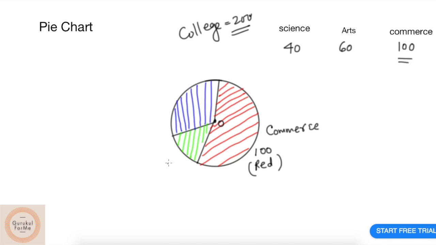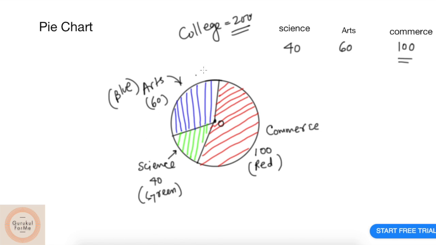So the least one is science. So this part happens to be the science and that is 40, which is green. The blue part happens to be the arts and that happens to be 60, which is blue in color. If we add all of them, does that total to 200? The answer is yes. This is the pie chart representation format.